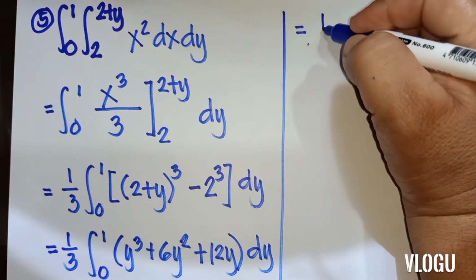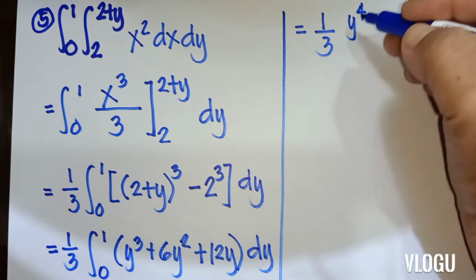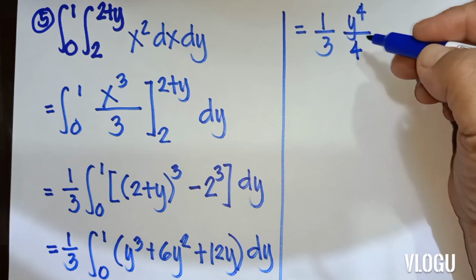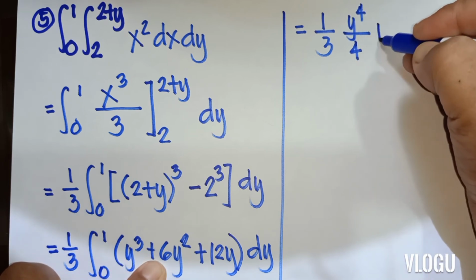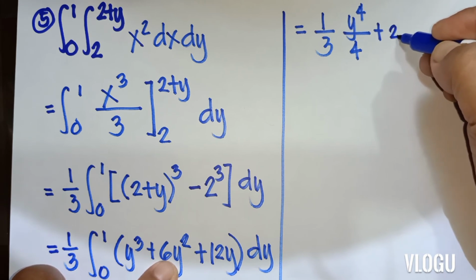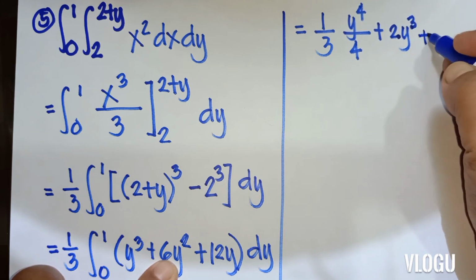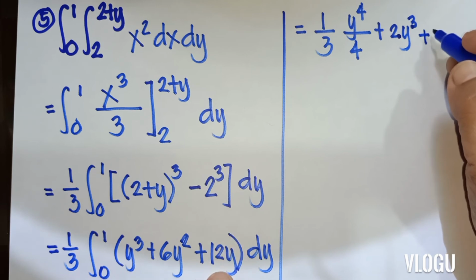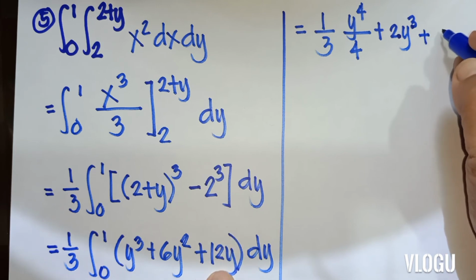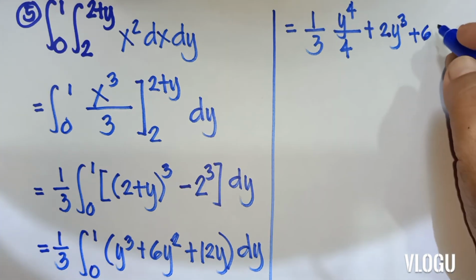That would become 1/3 times y to the 4th over 4 plus 6y cubed over 3, which becomes 2y cubed, plus 12y squared over 2, which becomes 6y squared.